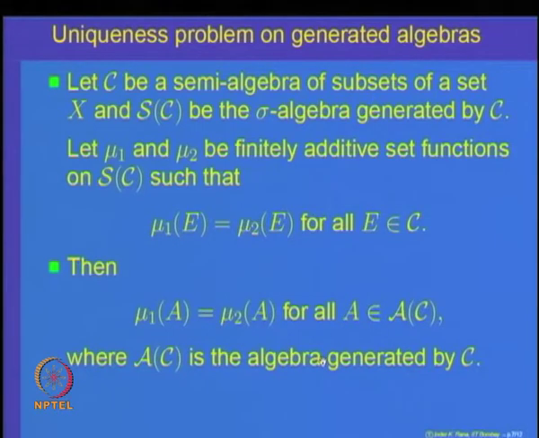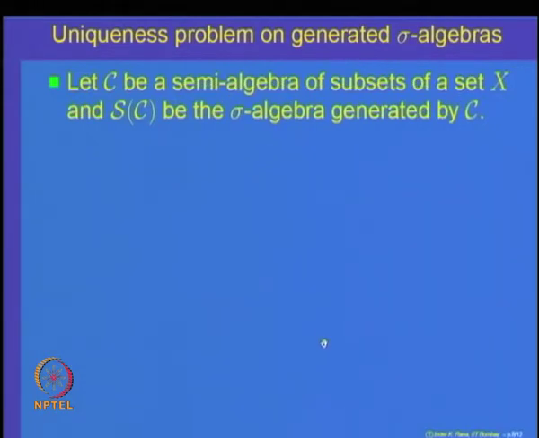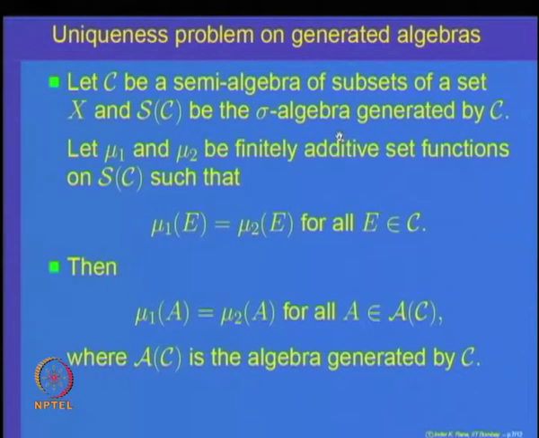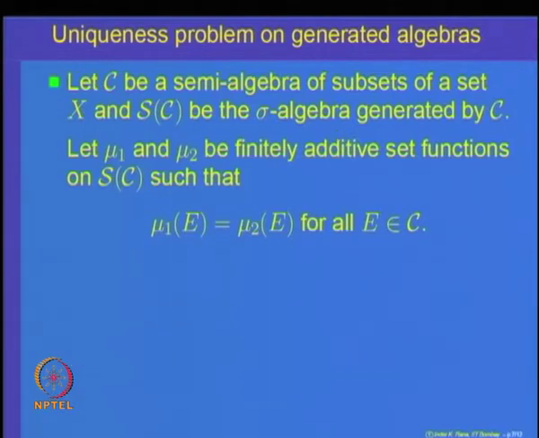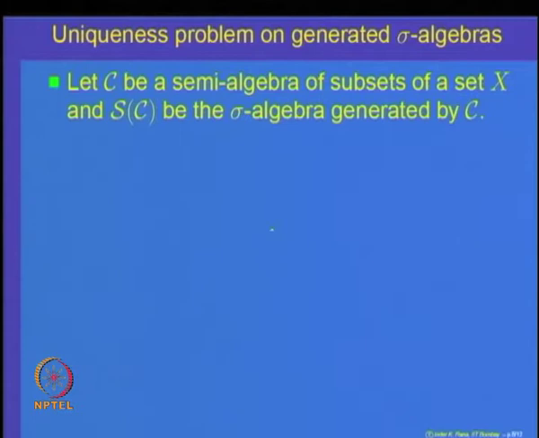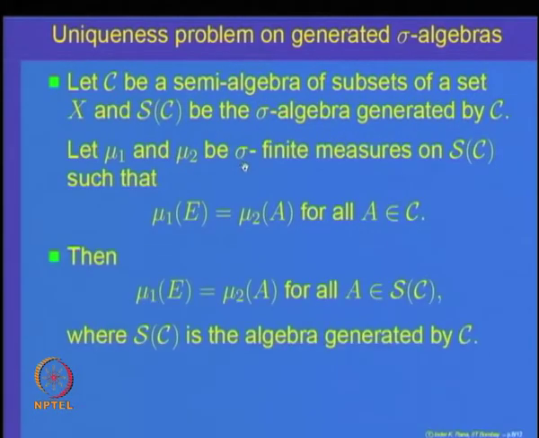So, let us go to the next step of this uniqueness problem. Let C be a semi algebra of subsets of a set X once again, and S of C be the sigma algebra generated by C. Let mu 1 and mu 2 be sigma finite measures on S of C, such that mu 1 of E is equal to mu 2 of E for all E in C. The statement in the text is a misprint.